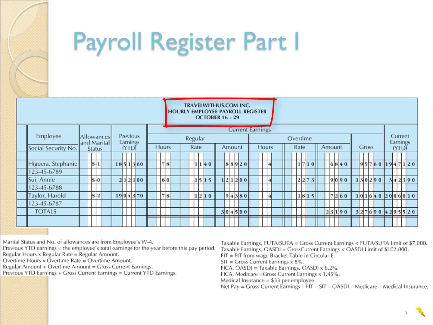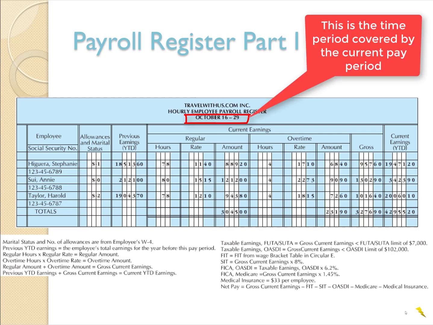And in this example, it's the one for their hourly employees, which is saying that they probably have a separate one that's just for their salaried employees. And then the third line is critical. Notice this payroll register is showing just a part of the year. In other words, it's showing one pay period's worth of information. So this is really important to understand. The payroll register is filled out for each pay period.